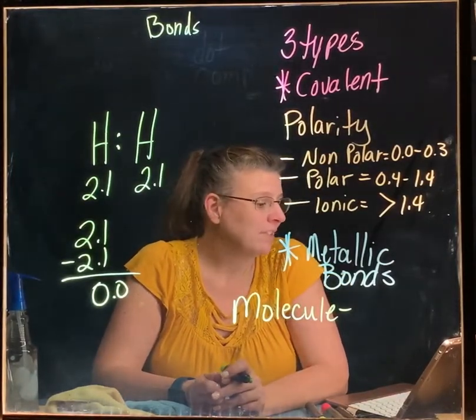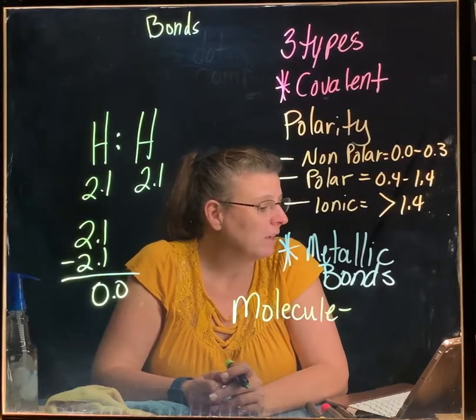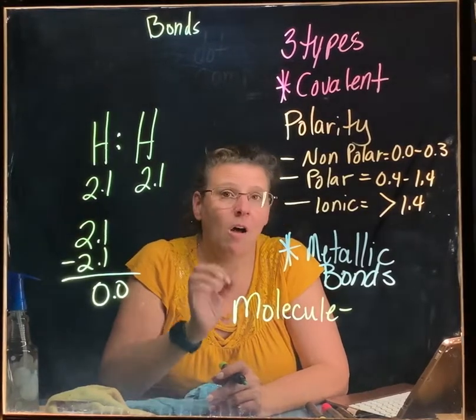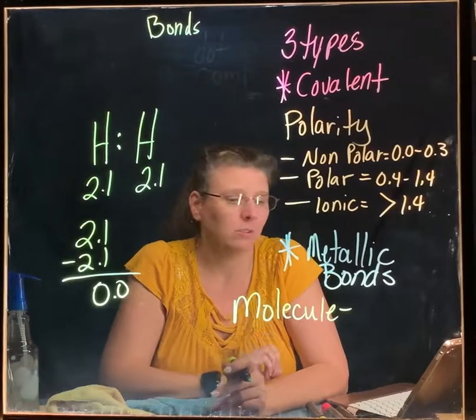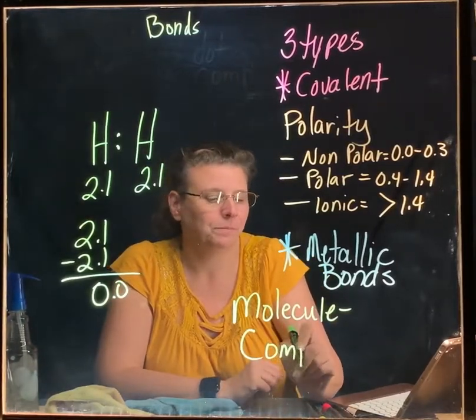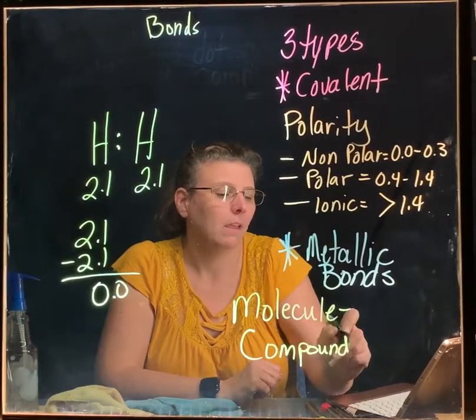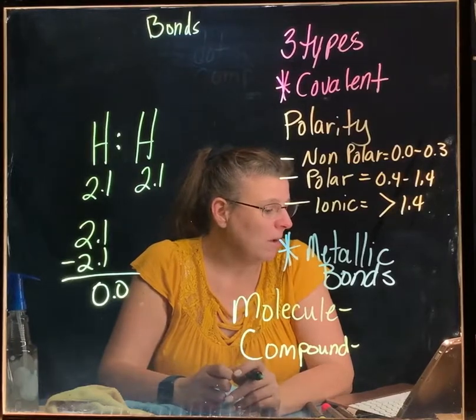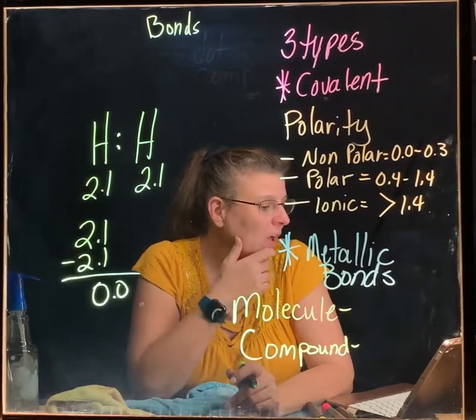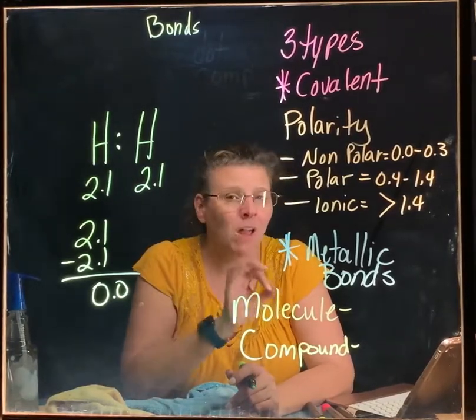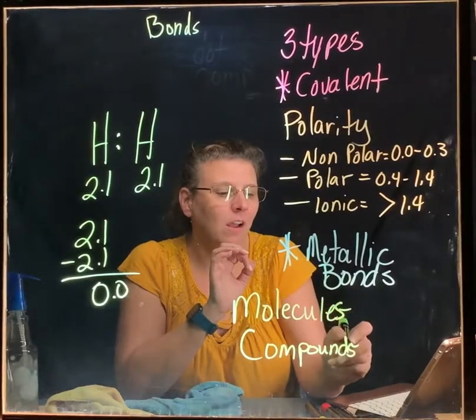A compound is a molecule made up of atoms from different elements. All compounds are molecules. So there's another word, compound. All compounds are molecules, but all molecules are not compounds.